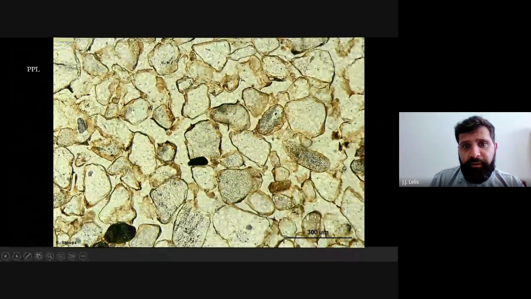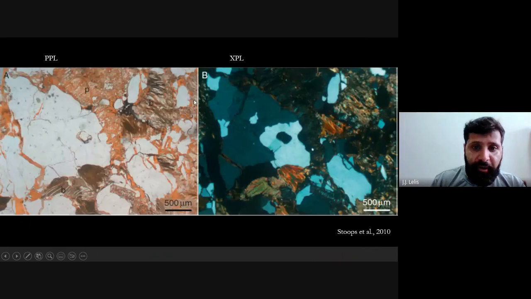Here we can see an image with a lot of coarse grains, sand grains, materials that compose the coarse fraction of a specific soil. Here we can see also other coarse materials, coarse grains, which compose the coarse fraction. These are photomicrographs of a layer with some feldspars that are being weathered and producing clay.